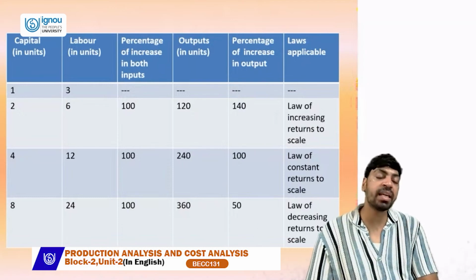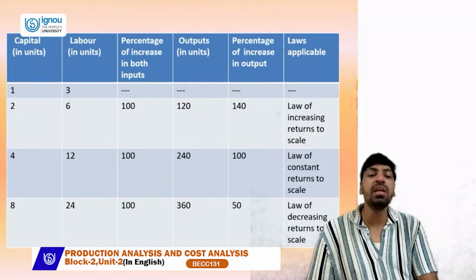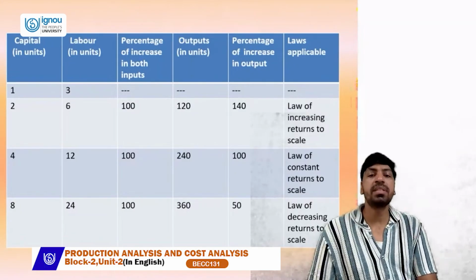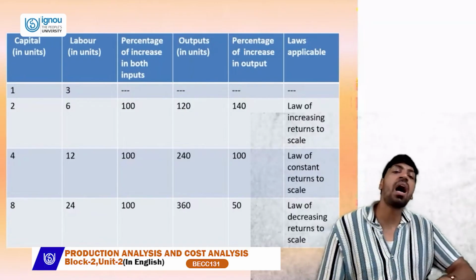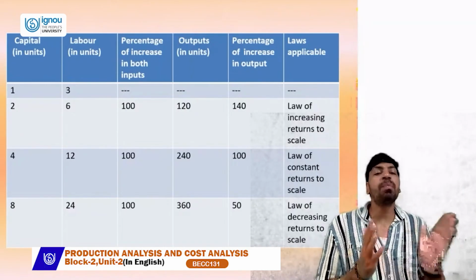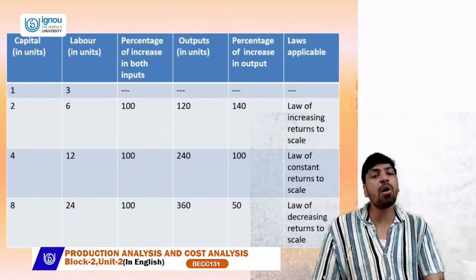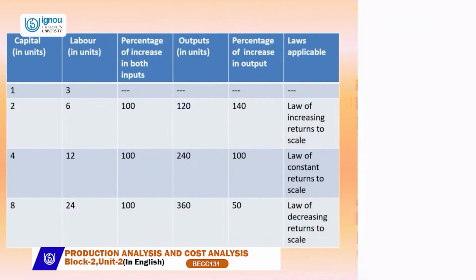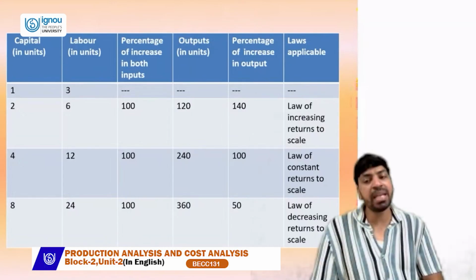On the screen in the tabular representation, 100 to 50 is called the law of decreasing returns to scale. This is how you can explain these three laws, increasing, constant, and decreasing returns, through the tabular representation also.